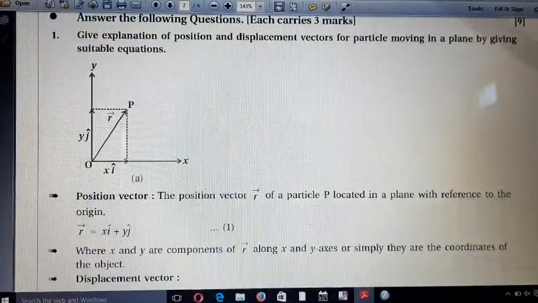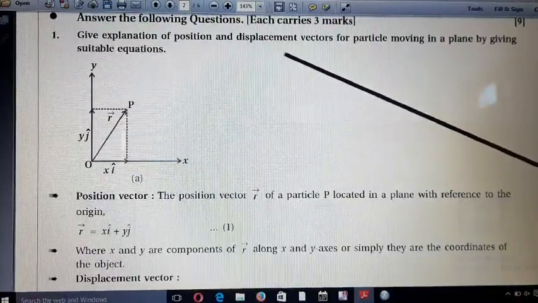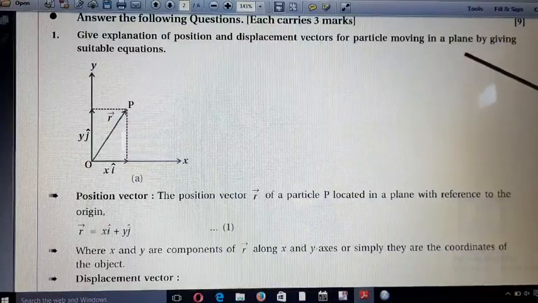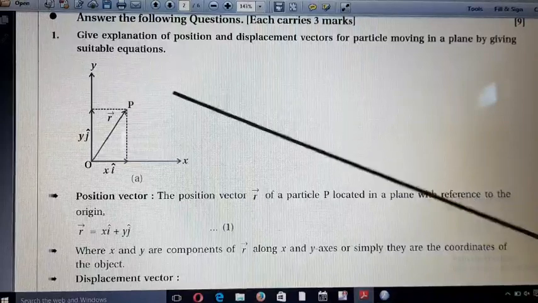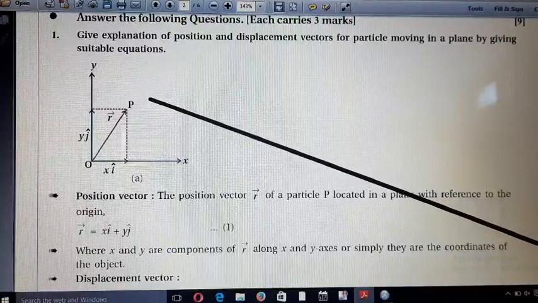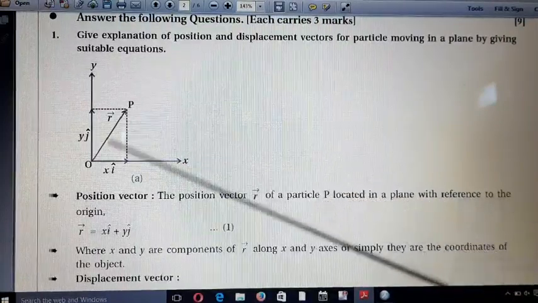Next question: give the explanation of position and displacement vector for a particle moving in a plane by giving suitable equations. Look here. We have in the xy plane one vector OP.